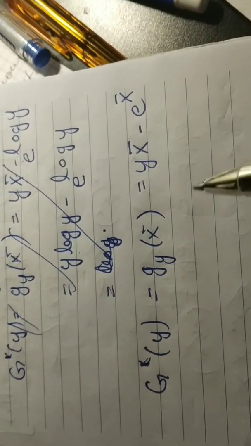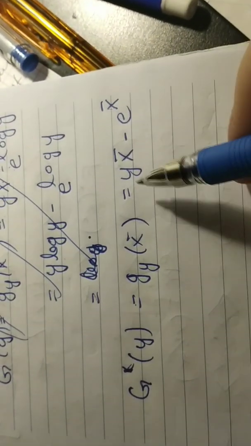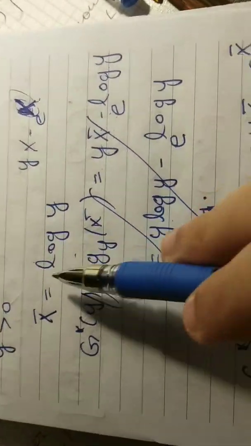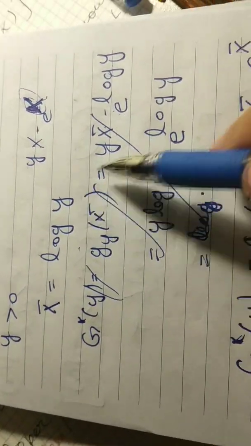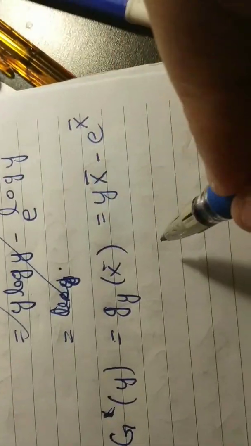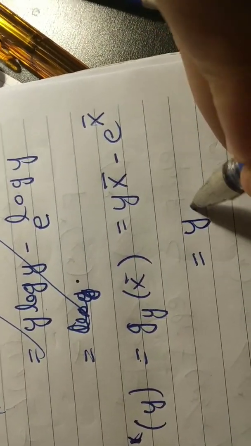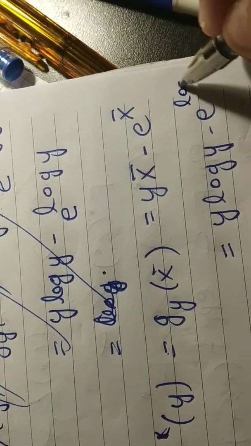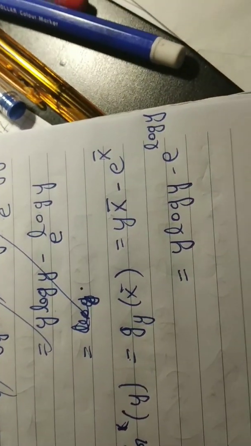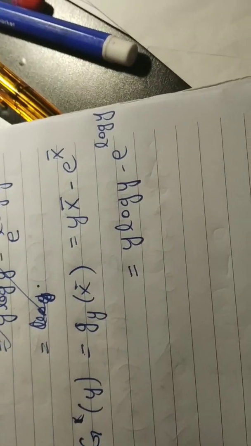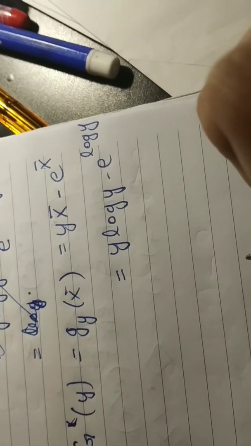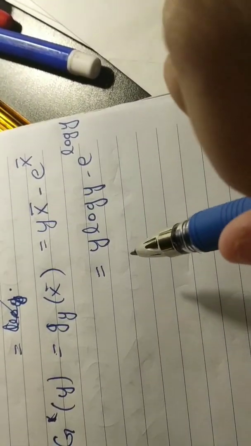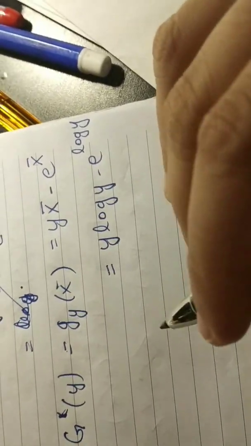We write the function like this, and now I will put the value of x bar equal to log y in this. Then what we get is y log y minus e^(log y). Now we will take y as common.